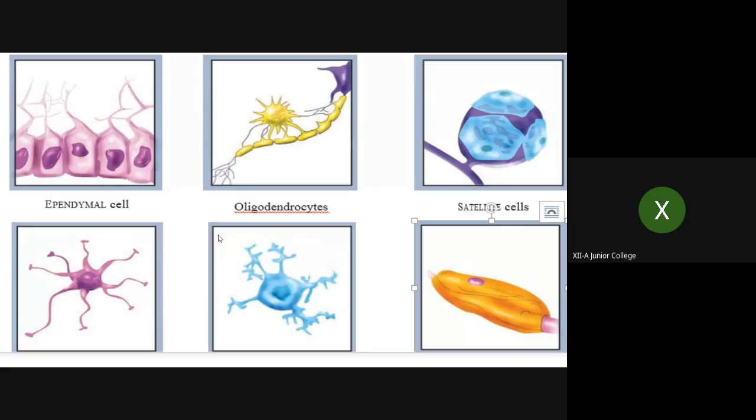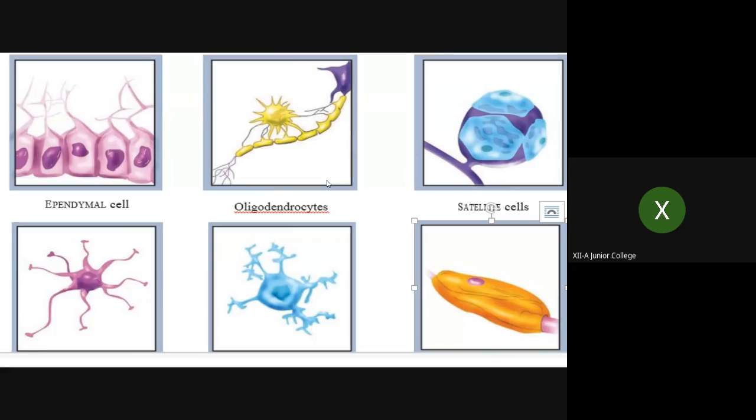Now these are the diagrams where you can see different types of glial cells or neuroglial cells, which I showed you. This is the oligodendrocyte, with extensions parallel to the axon. Then ependymal cells originate from the columnar, squamous, or sometimes ciliated epithelium of the central nervous system, lining the ventricles of the brain. I'll explain that again when I come to that point.